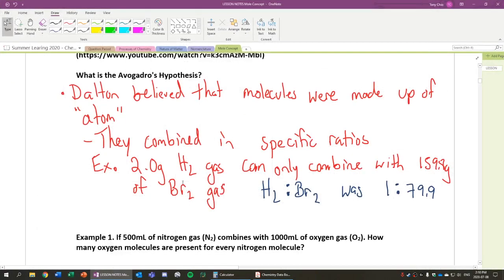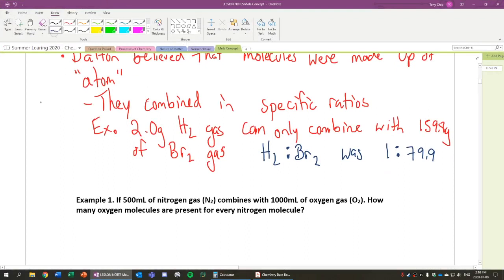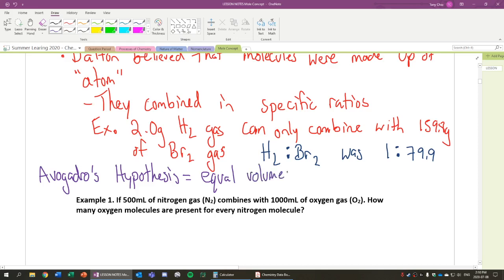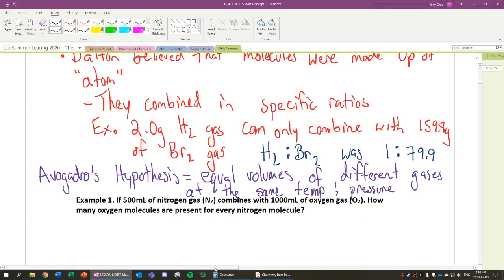Now what Avogadro's hypothesis is, and this is what Dalton built upon, is that Avogadro's hypothesis states that equal volumes of different gases at the same temperature and pressure contain the same number of particles.